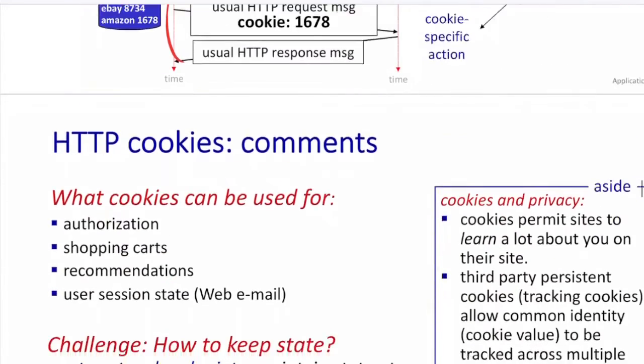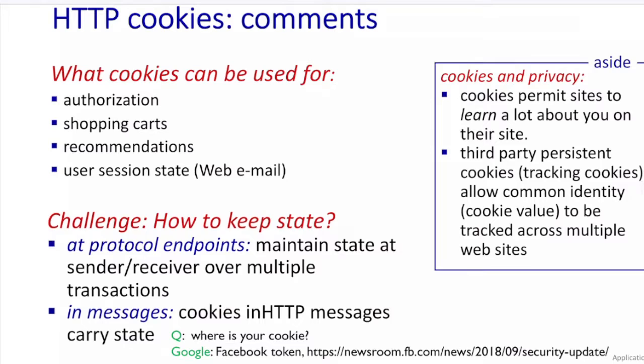Right here, we can see that cookies can be used, for example, for authorization. After you successfully pass the authentication, the server can give you a secret token in the cookie. Every time you use this token, it means you have already passed the authentication process.